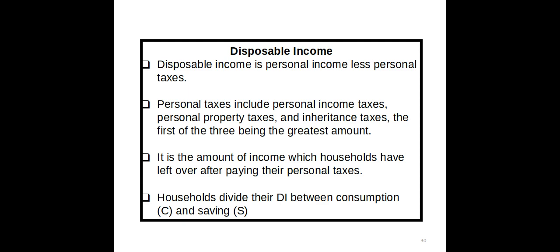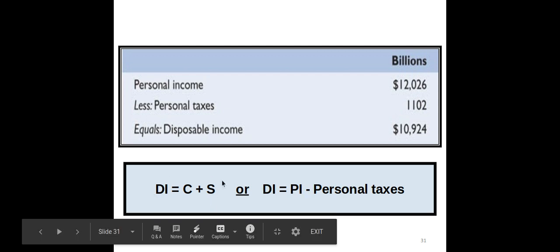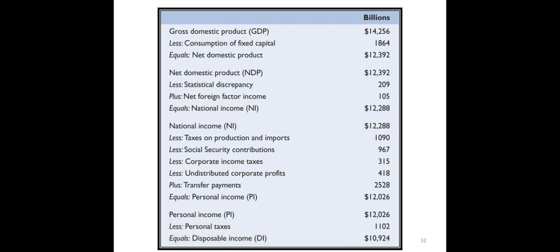Whether we're saving it underneath the mattress or in a bank or in an investment, doesn't matter. If you don't spend your money, you are saving it. And if you are saving it, you cannot spend it. So there's the equation there. We tend to lean more towards this one in the rest of this course. Just keep in mind. There's kind of your summary of how we get all these things and the mess that it is.